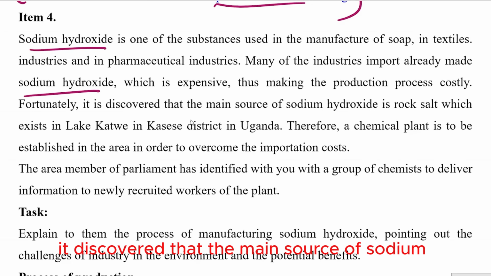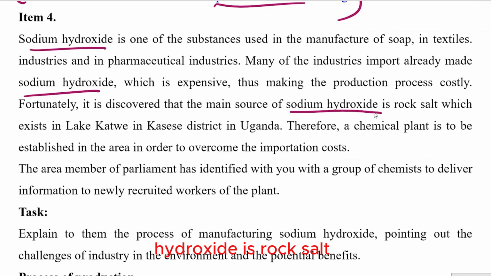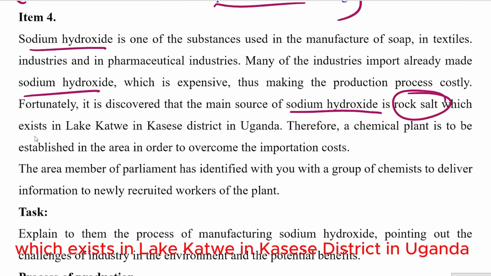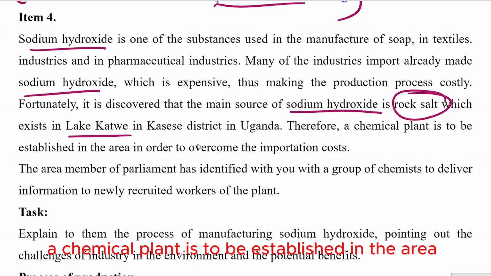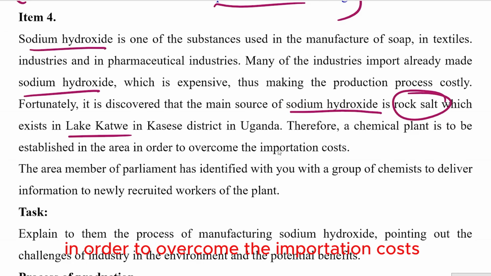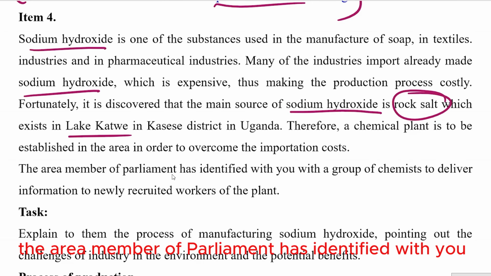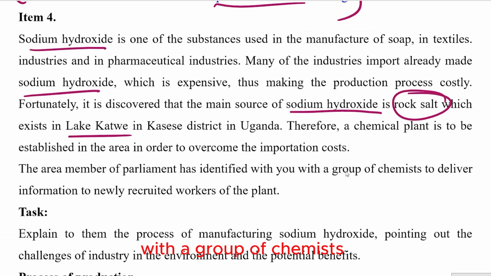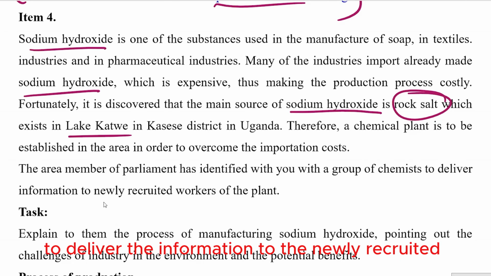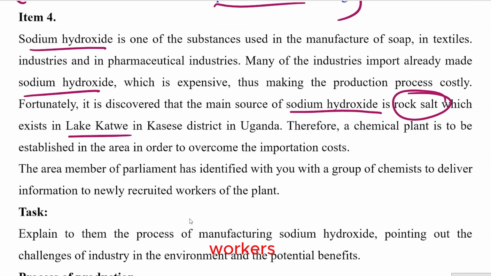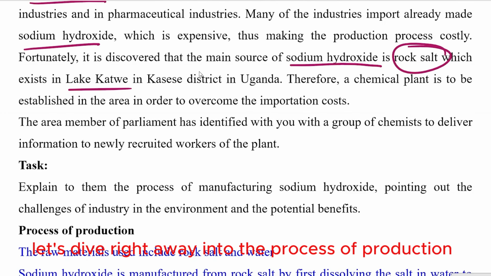Fortunately, it was discovered that the main source of sodium hydroxide is rock salt. So see that keyword rock salt, which exists in Lake Katwe in Kasese district in Uganda. Therefore, a chemical plant is to be established in the area in order to overcome the importation costs. The area member of parliament has identified a group of chemists to deliver the information to the newly recruited workers. Let's dive right away into the process of production.